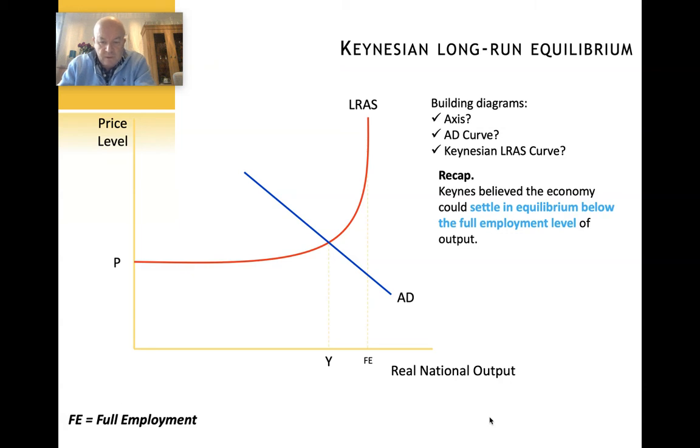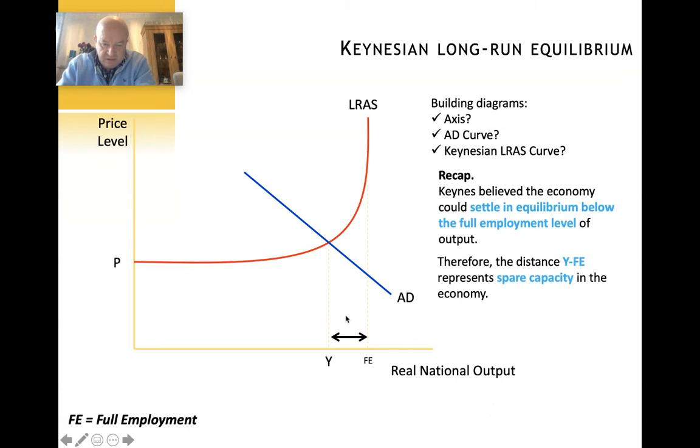So in this situation then, if we have aggregate demand at this point here, where aggregate demand intersects with the long run aggregate supply curve, we can see that at this point, rather than being at full employment, the point at which aggregate demand is satisfied by supply is producing at level Y. So there is some spare capacity within the economy as a result, if aggregate demand was at this level.